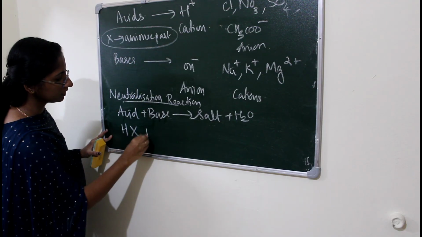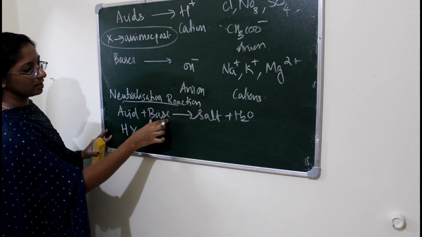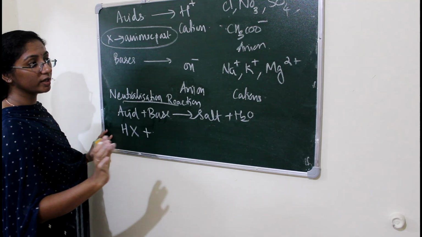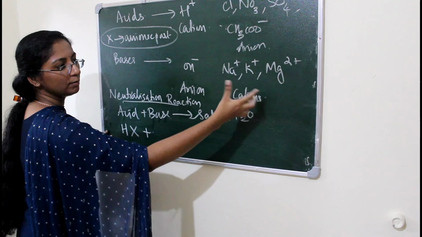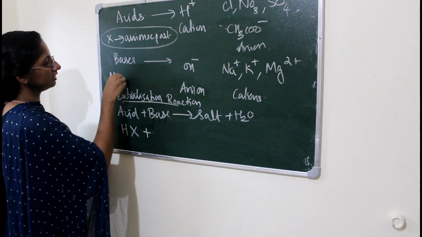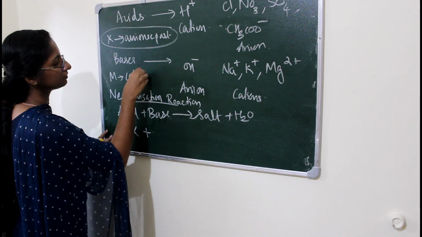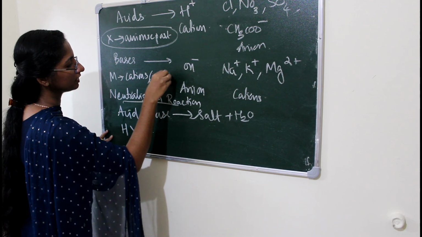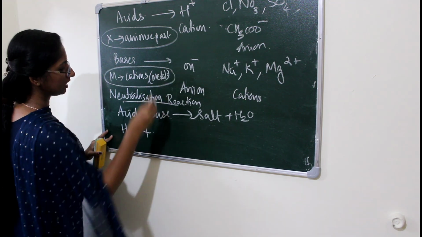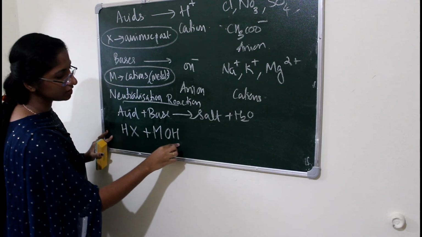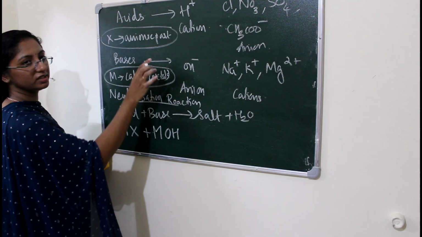And in the base we have OH minus ion as the common anionic part, and it can be any metal type cation. So we can represent M as the cation, which can be any metal. That's why we can take it as MOH. OH is the common ion within the bases.